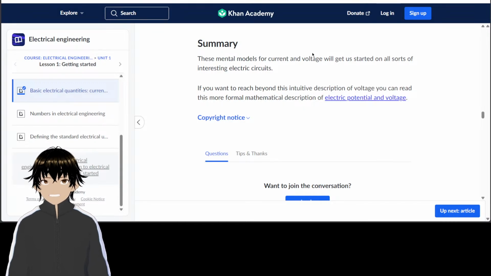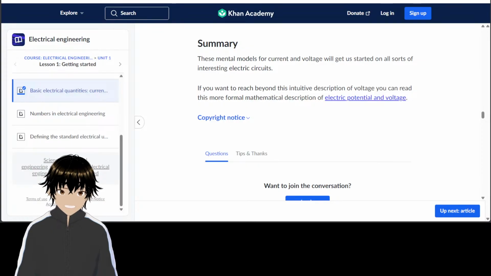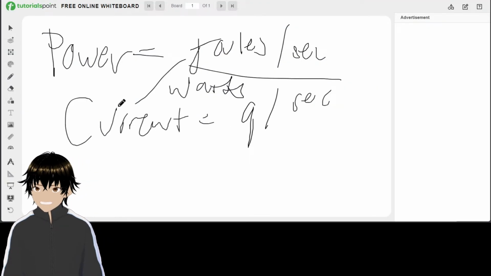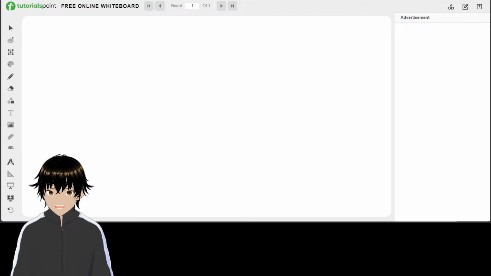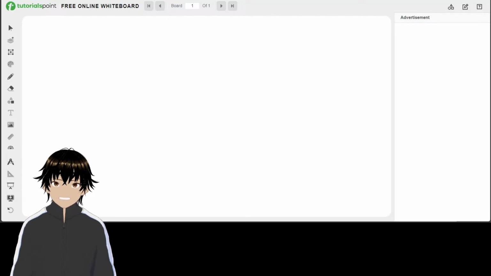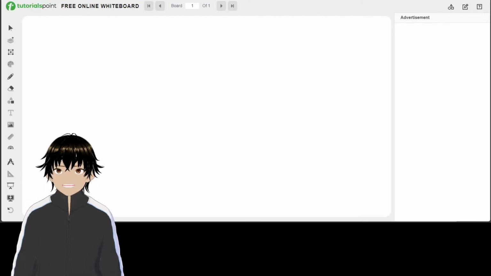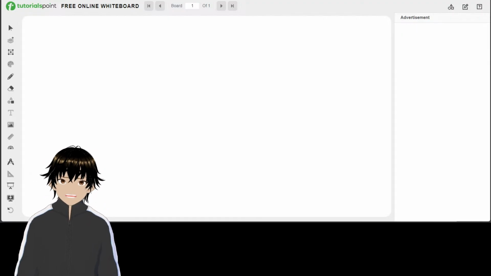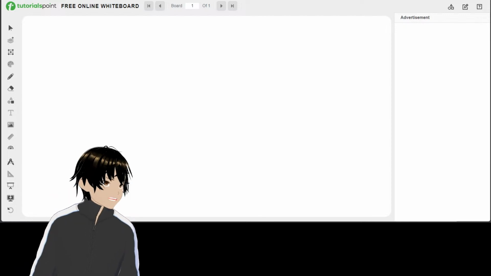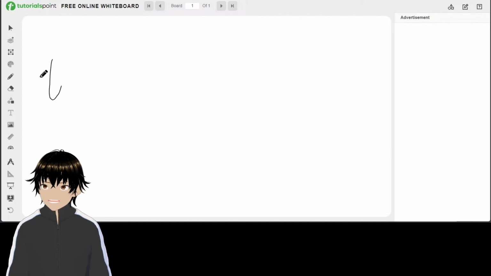Okay, so let's first try to define what electrical power is from my own understanding. Electrical power is basically this.